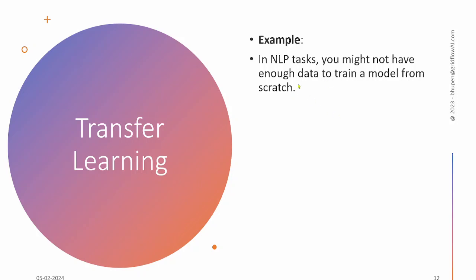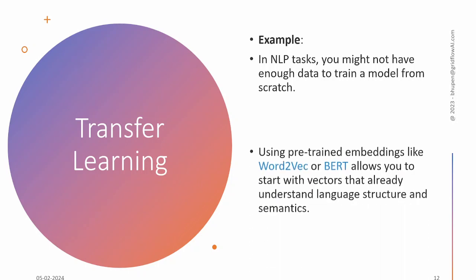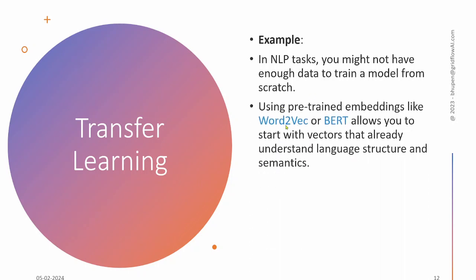For your NLP task like text classification or clustering or other NLP applications, we use pre-trained embeddings like Word2Vec, which is the subject of this video, and also embeddings like BERT or Transformer and many others. Those are essentially the use cases of embedding in terms of transfer learning.